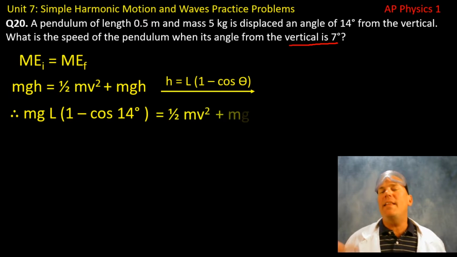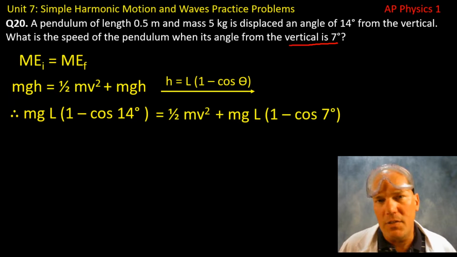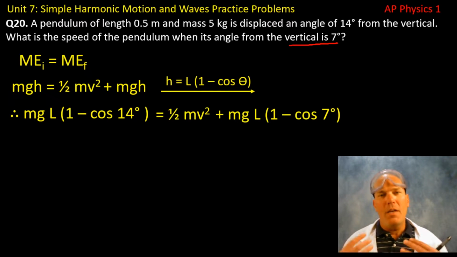And we can set that then equal to our final mechanical energies, plural. In the last problem, we just had the kinetic 1/2 mv squared. Not in this problem. In this problem, we have 2 energies.